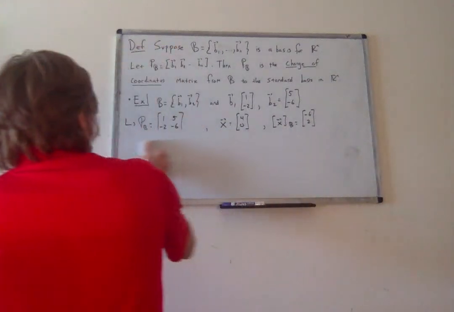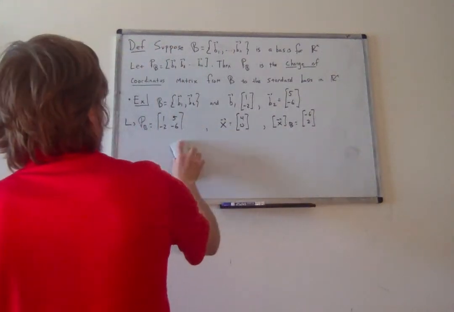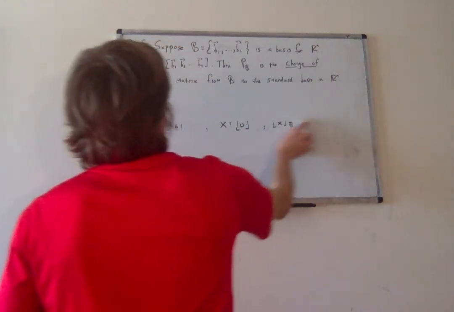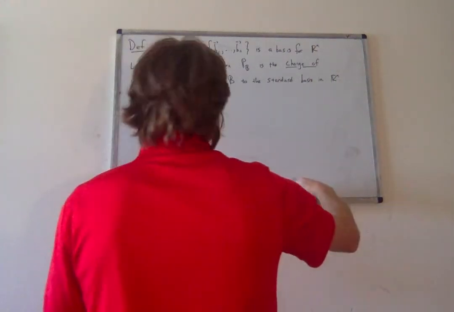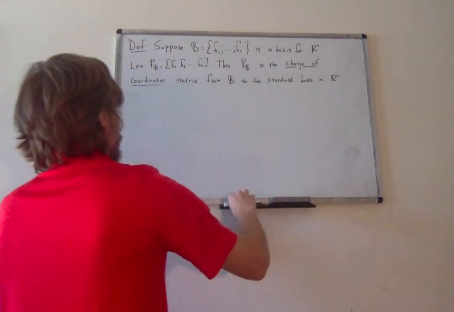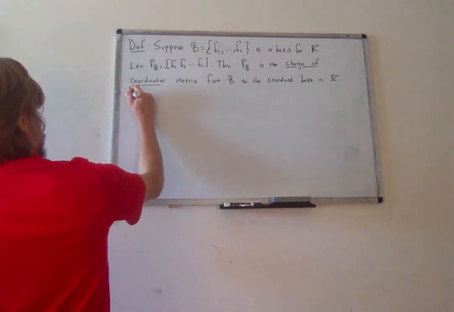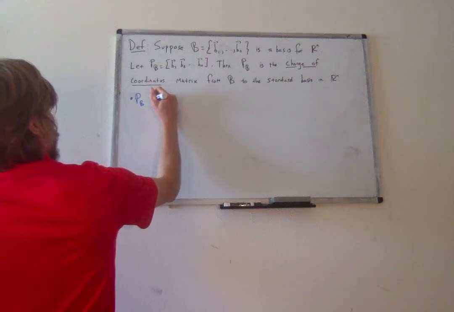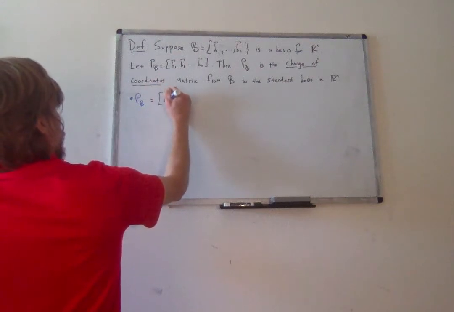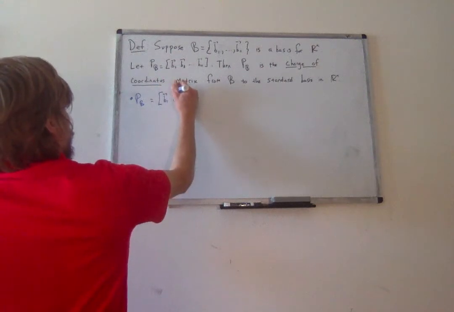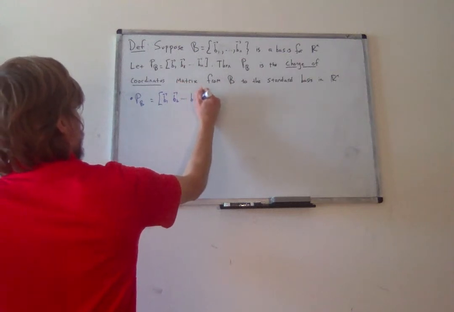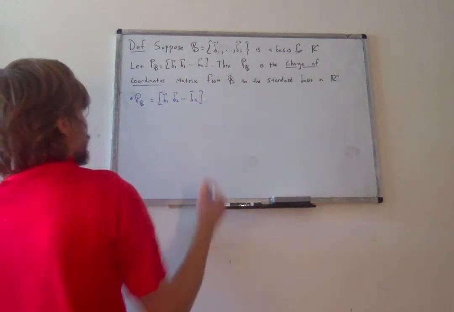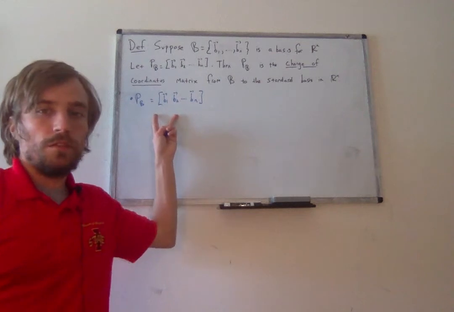So the next thing we can notice in this definition is that because P sub B is the matrix whose columns are a basis, I claim that P sub B is invertible.